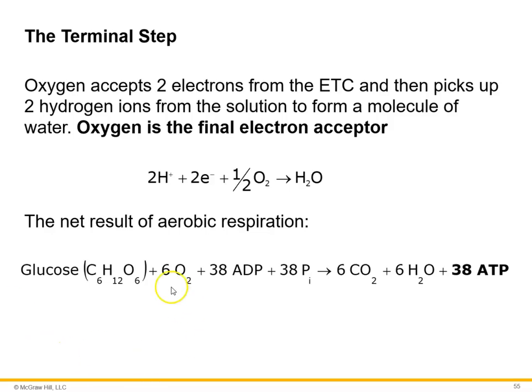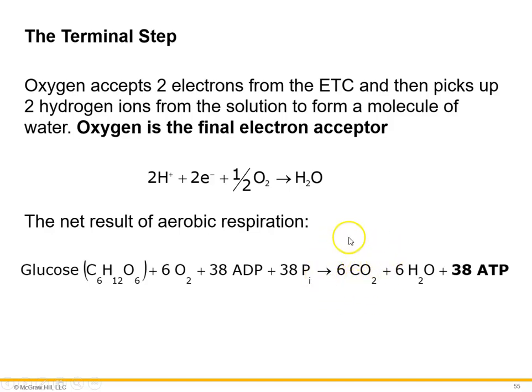Your net result of aerobic respiration, you can see you take some glucose and you take some water, oxygen, and then you take some ADP and some inorganic phosphate, and you turn that into CO2, water, and a bunch of energy. Notice here, CO2 is produced.